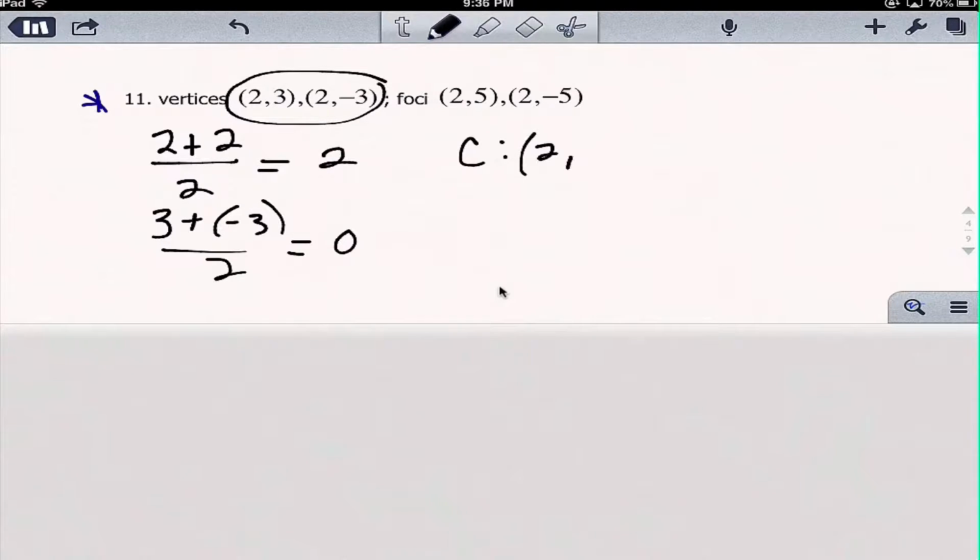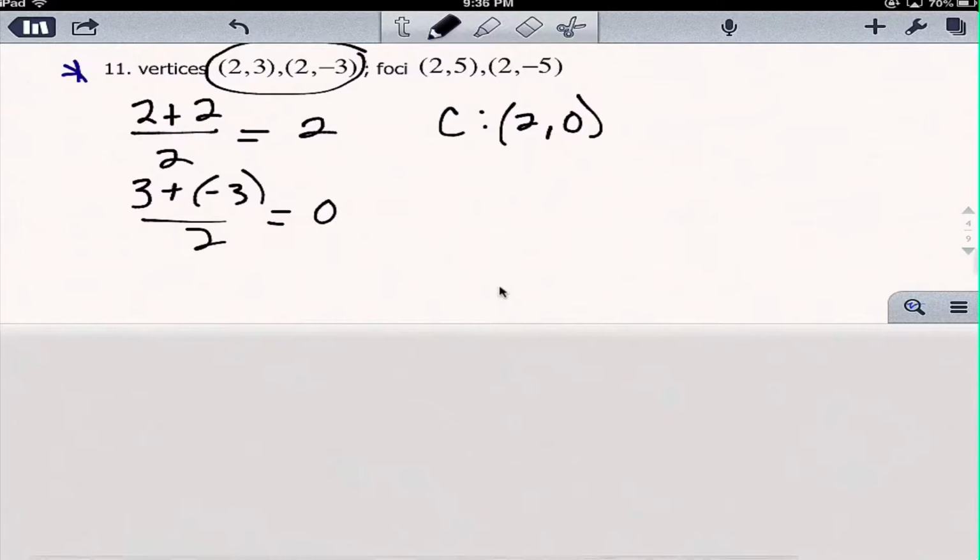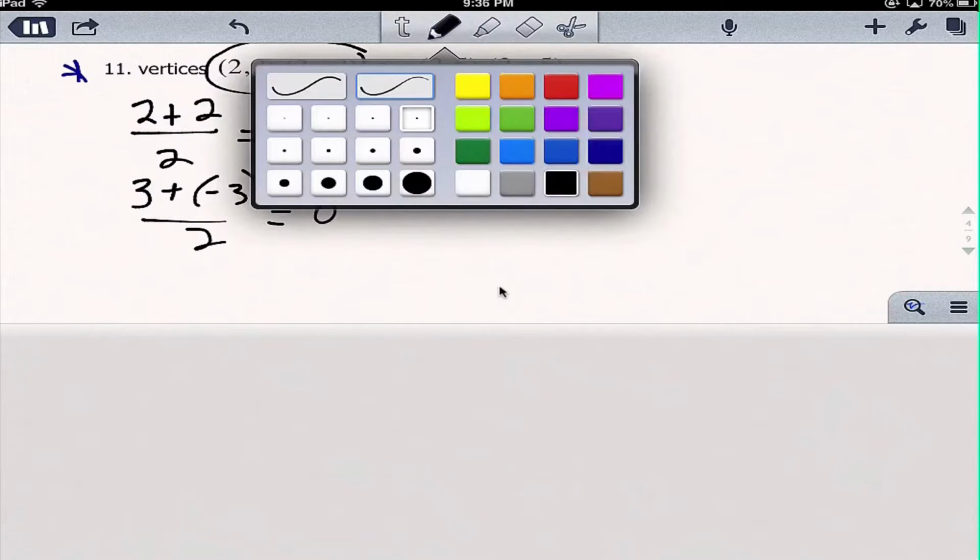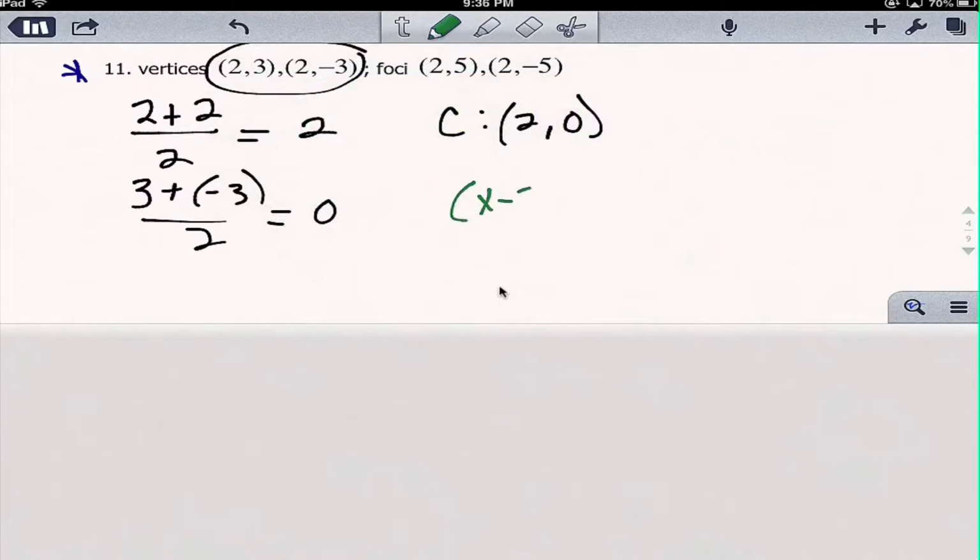So my center is 2, 0. Okay, what that helps me with right away, I know that I can write x minus 2 squared over something and y squared over something is equal to 1. Since this happens to be a hyperbola, we still need to figure out which one's going to be positive, which one's going to be negative.